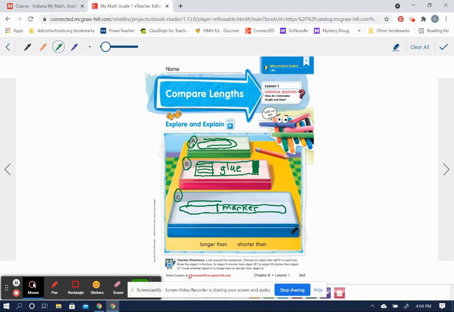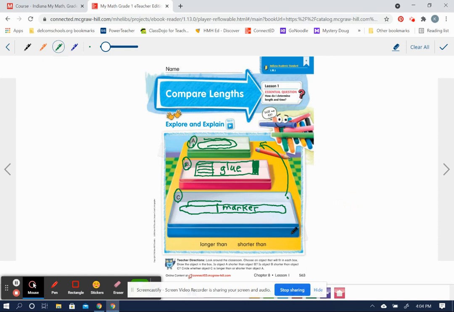Now, is object B shorter than object C? Yes, it is. So now what we need to find out is we're going to circle whether object C is longer than or shorter than object A.